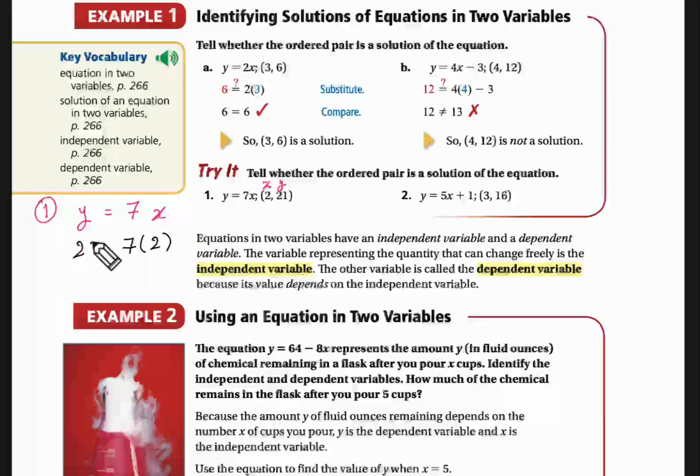So we need to check if 21 equals 7 times 2. The left side is 21 and the right side is 7 times 2. 7 times 2 equals? 14. Are these two equal? No, they are not equal. So I should write the not equal sign here. So, the given ordered pair, is it a solution?